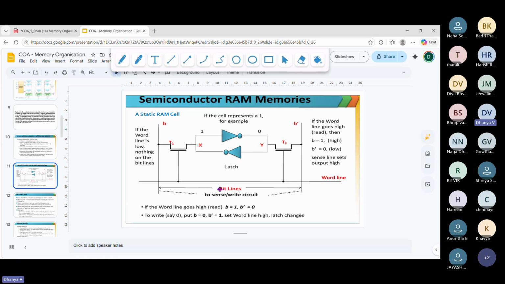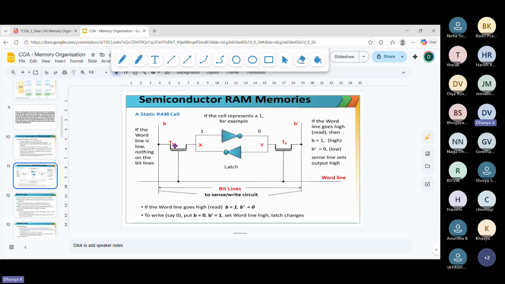Okay. So when you're writing something, whatever you give as your bits, that is your input, and that should overwrite the content that is there in your latch. If we see here, if the word line is 0, that means both your transistors connected to your word line will be 0, no?